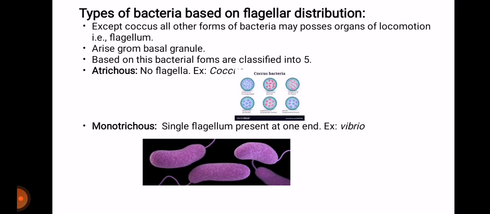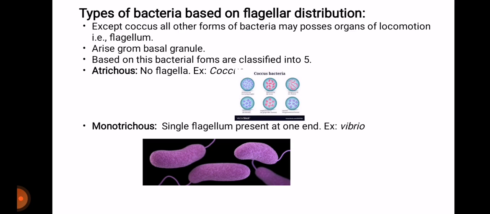The first one is Atrichous. In Atrichous bacteria, the bacteria do not contain any flagella. Example is Coccus. The next one is Monotrichous. In Monotrichous, a single flagellum is present at one end.